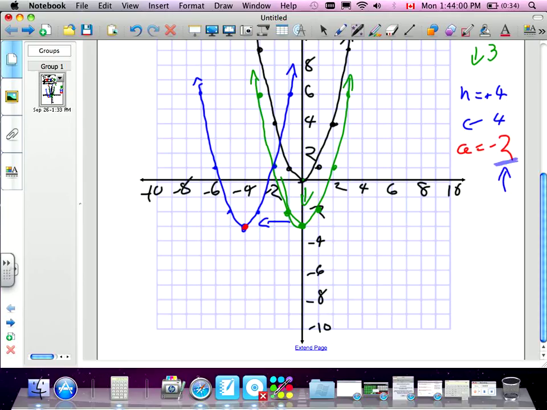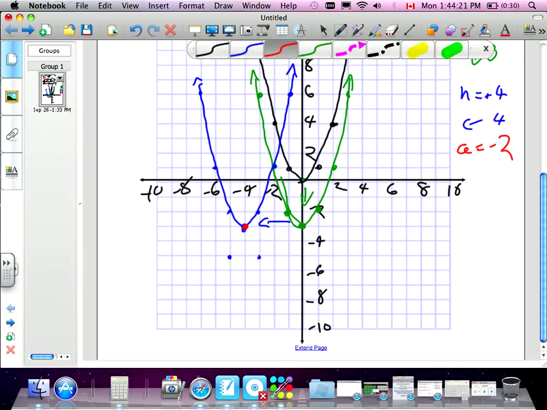So the idea is, normally we go over 1, down 1, over 1, down 1. Because it's the number 2, instead of going down 1, I multiply that number by 2. So I go over 1, down 2. That would be 1 times 2. So it's at negative 5.